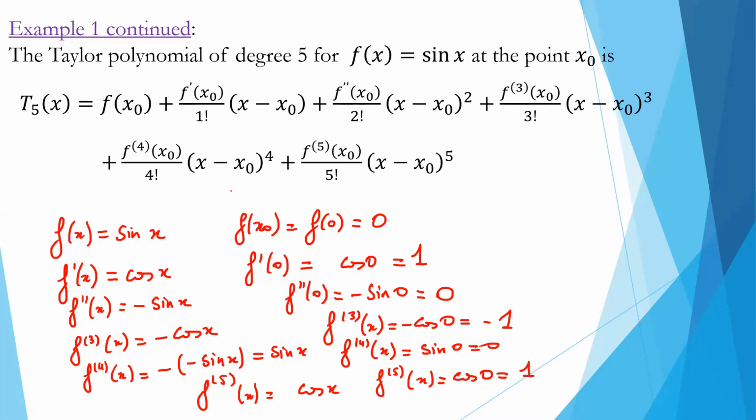Okay, so if we replace in this formula, now we are done. F of x0 is 0. F prime is 1 times x minus x0, which is x.